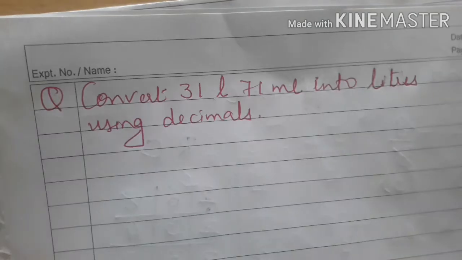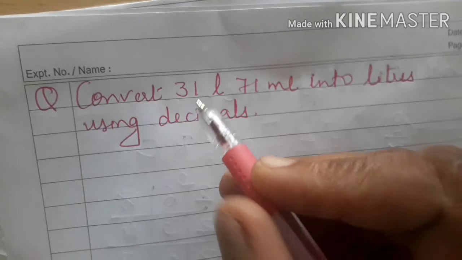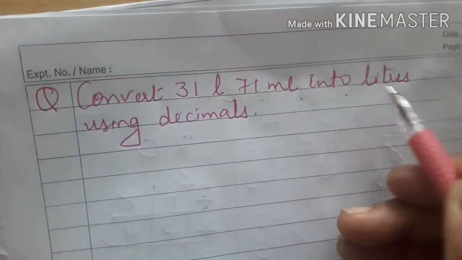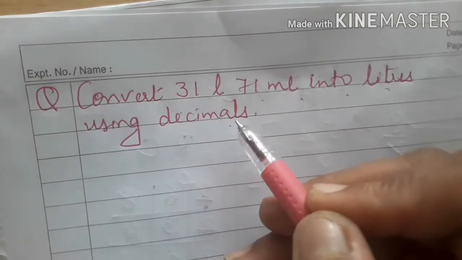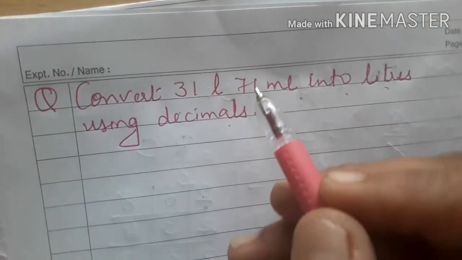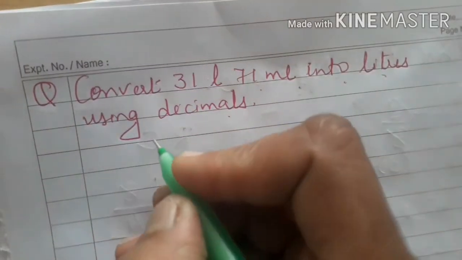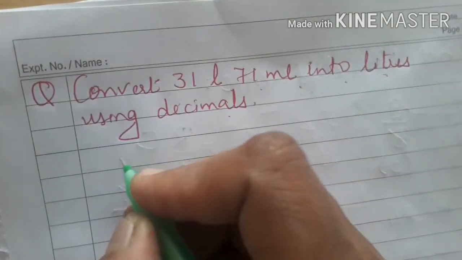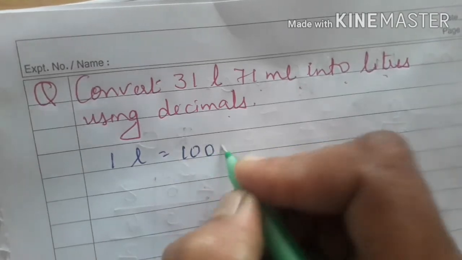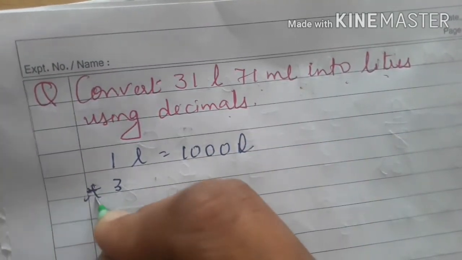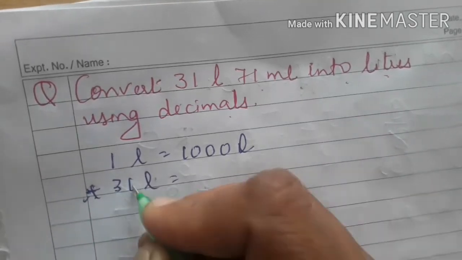Now see this question. Convert 31 liters 71 milliliters into liters using decimals. So you may do it like this also. Say somebody has done 1 liter is equal to 1000 milliliters. So how much is 31 liters?